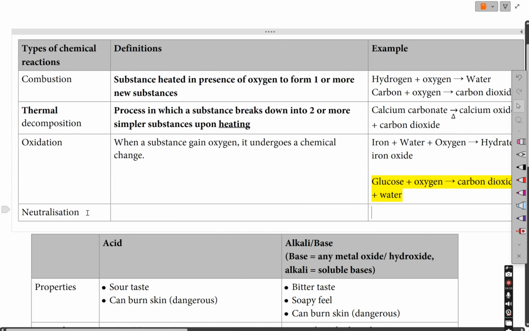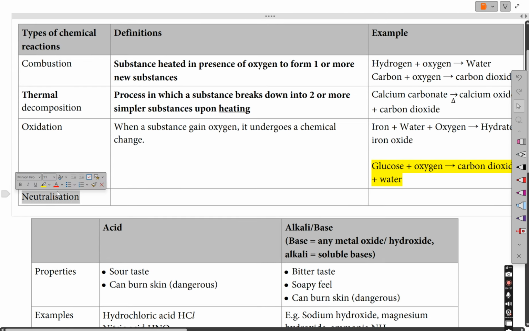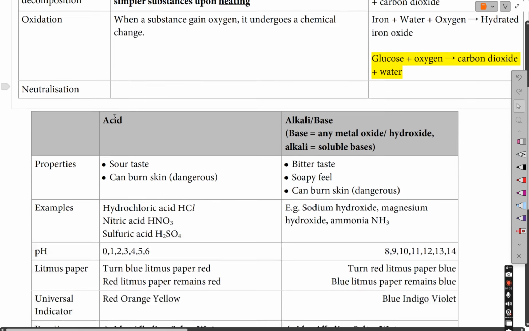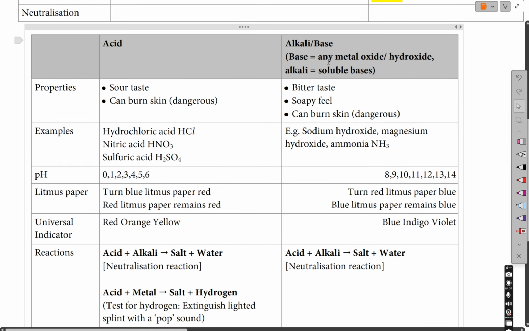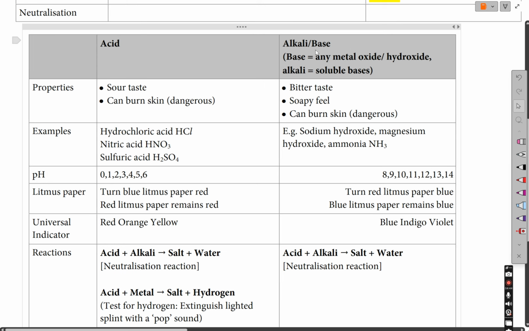Okay, and the last part we talked about neutralization, which is a type of acid reaction. We differentiate an acid from an alkali or base. Something that I've not mentioned is that bases are any metal oxide or hydroxide.